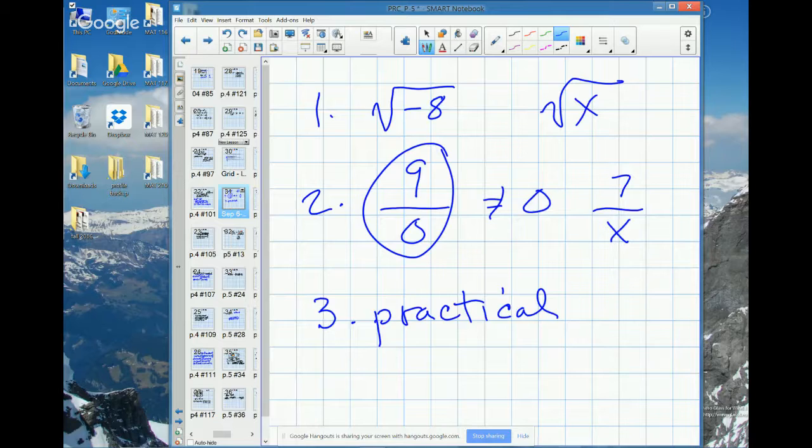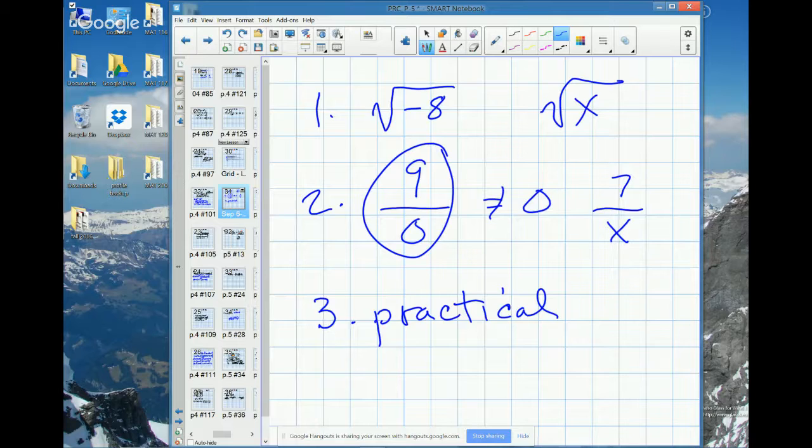So anyway, there are three issues one has to be thinking about with domain. I can never take a square root of a negative, so if there's an expression under that root, that expression can't be negative. I can never have an expression where the denominator turns out to be 0, so if there's some algebra expression on the bottom, it cannot equal 0.